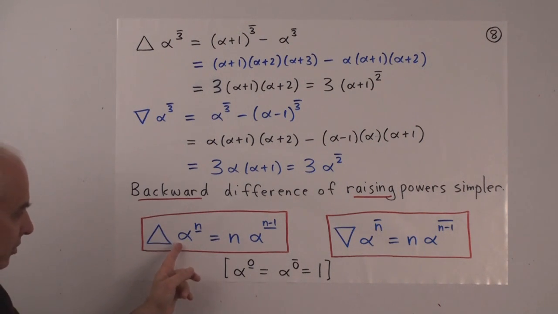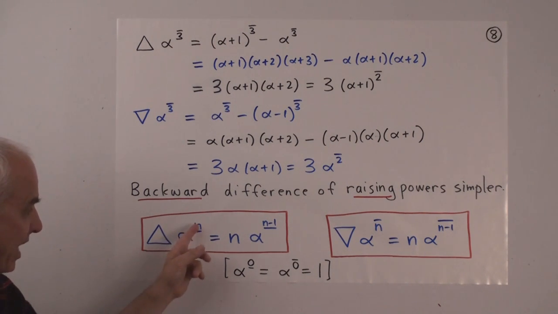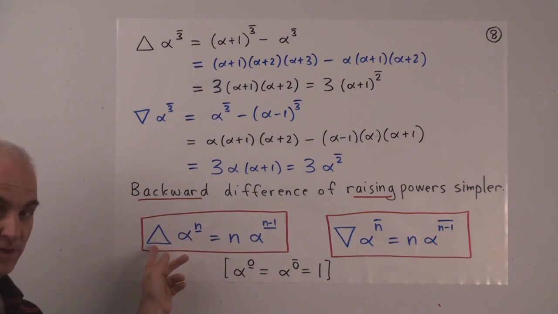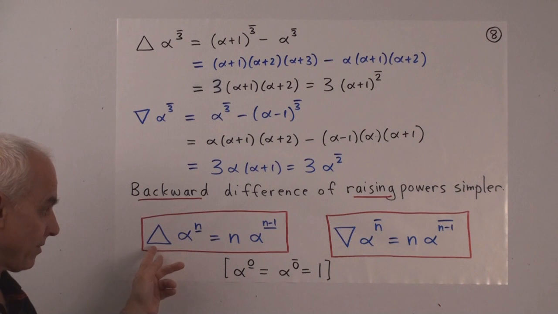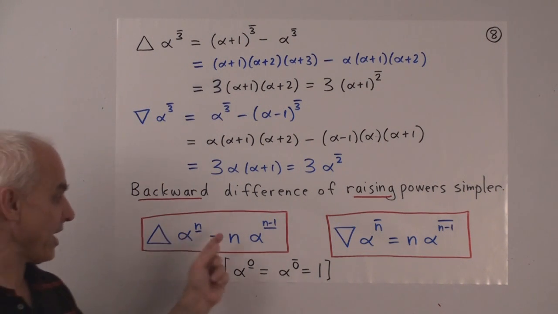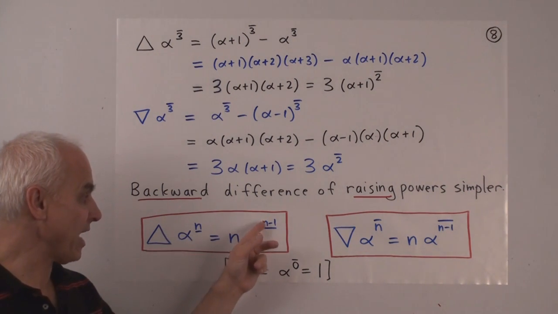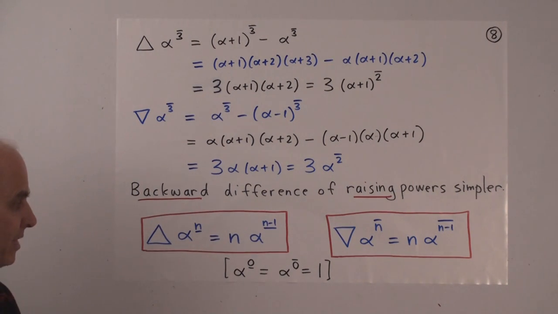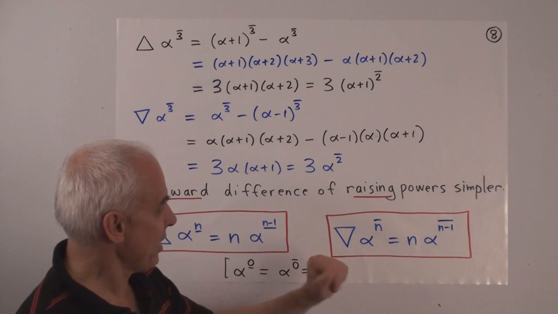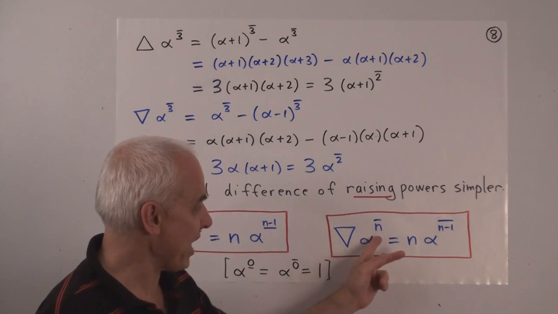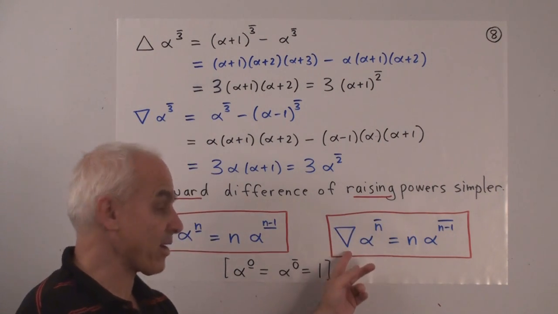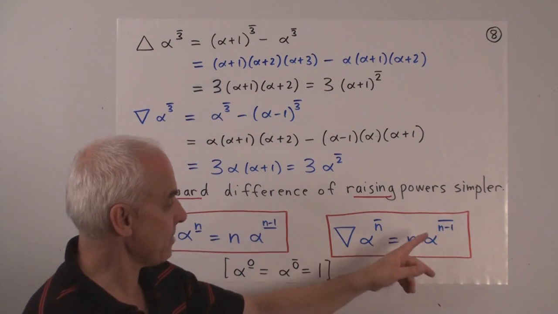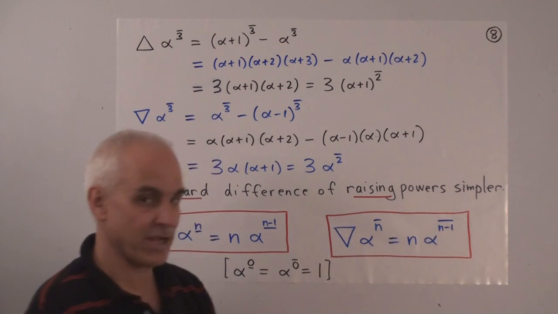If you take a lowering power, alpha to the n lowering, and apply the forward difference operator to it, which is simpler than the other one, you get n times alpha to the n minus 1 lowering. And conversely, if you take the raising power alpha to the n raising and apply the backwards difference operator to it, then you get n times alpha to the n minus 1 raising.